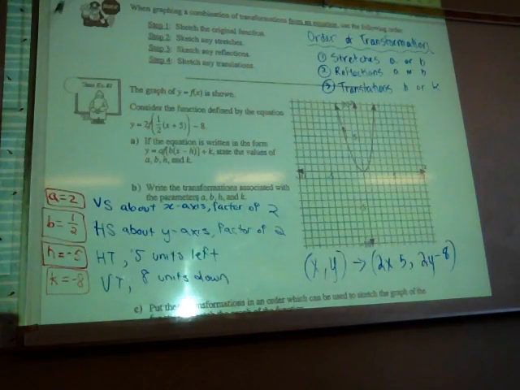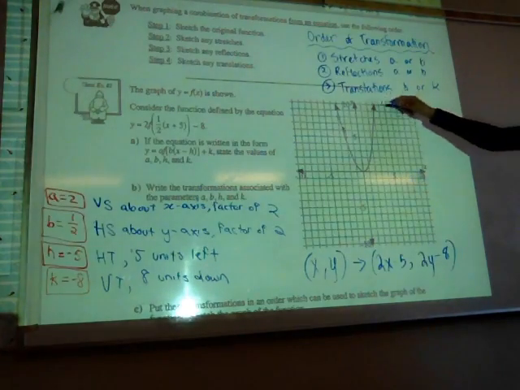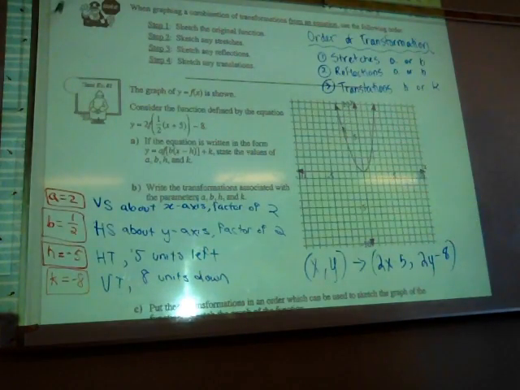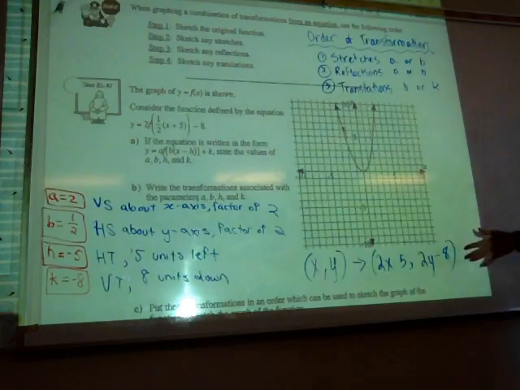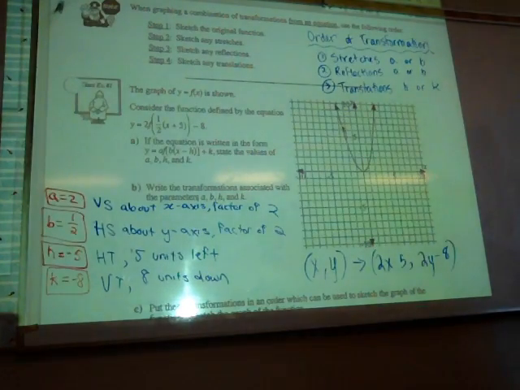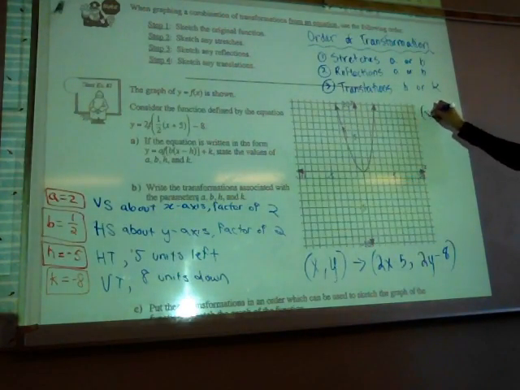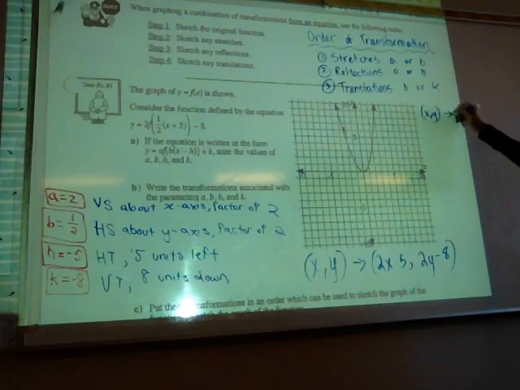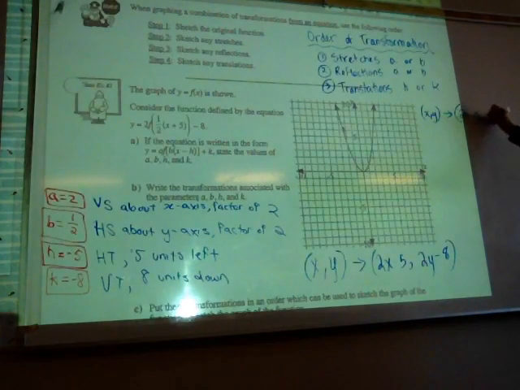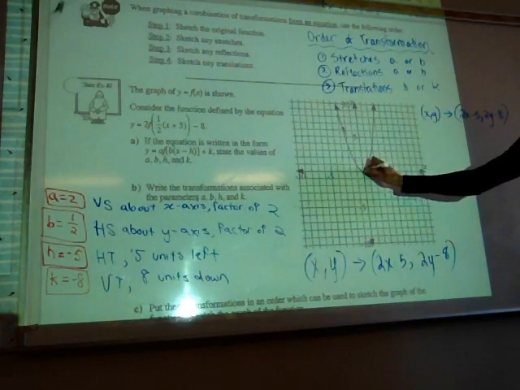So all we have to do now is take a few of the obvious or critical points on our original graph and use this point mapping to draw our new ones. Okay, so I'll just rewrite that over here. x, y goes to 2x minus 5 and 2y minus 8. And we're going to sub in some original points. So it's 0, 0, that's our vertex.